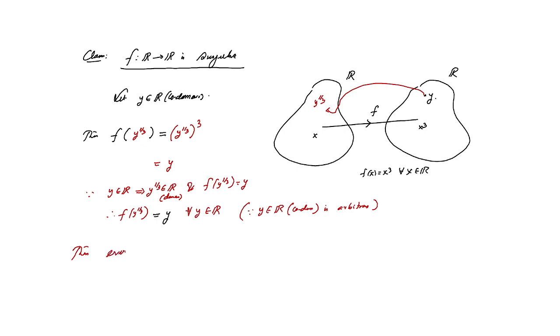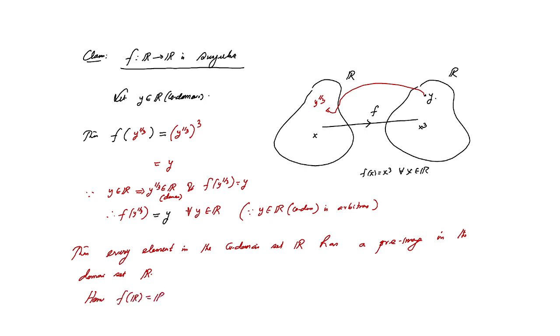So thus, every element in the codomain set R has a pre-image in the domain set R. Hence f of R must be R, and from which we can conclude f from R to R, f(x) equals x cube, is surjective.